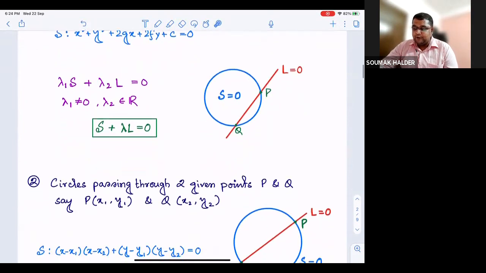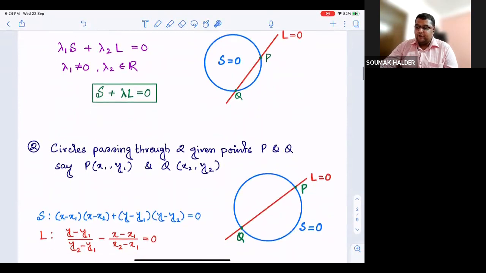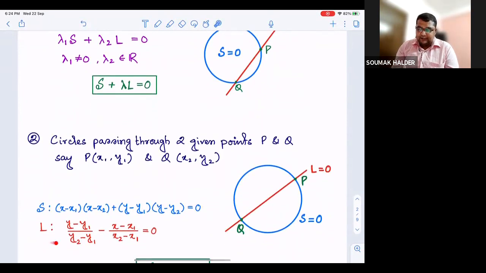So when only 2 points are given, we have considered the unique line that can pass through both these points. We are able to determine the equation in 2-point form. So we have found our required L is equal to 0 as (y minus y1) by (y2 minus y1) minus (x minus x1) by (x2 minus x1) is equal to 0.